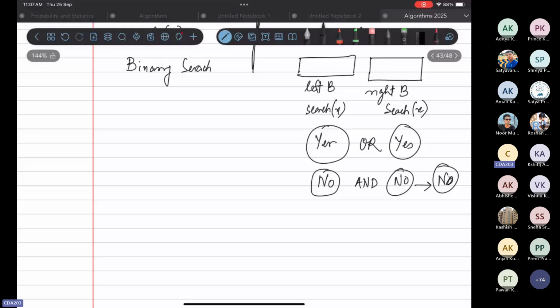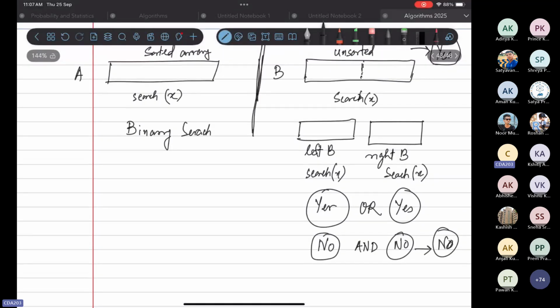This is kind of a dynamic programming approach because you are dividing it into subproblems. But you have to keep your options open. Your solution may come from the solution of the left part or from the solution of the right part. That was not the case in binary search.